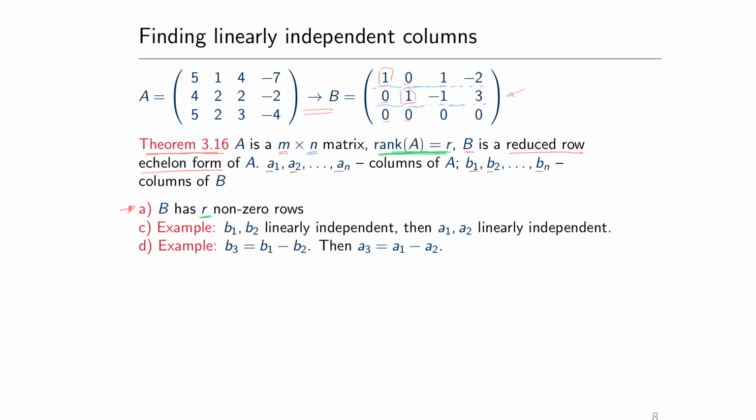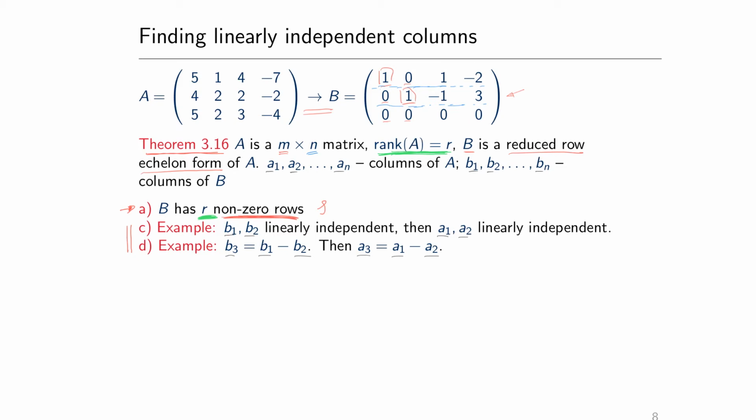In other words, in the matrix B, the number of non-zero rows exactly equals the number of linearly independent rows, and that is equal to the rank of B. But because we used elementary row operations, the rank of B is equal to the rank of A. And that's how we can interpret the statement A.